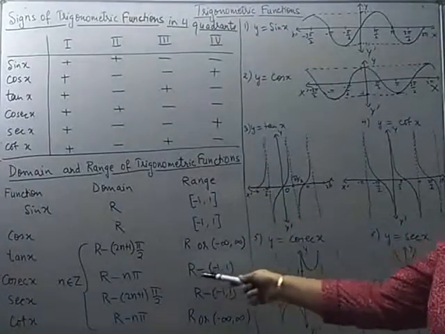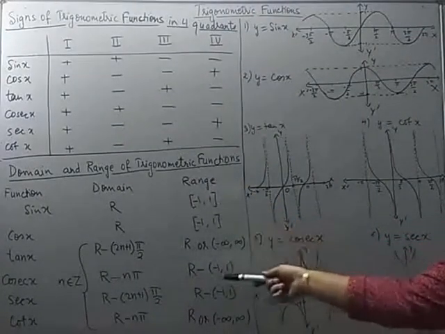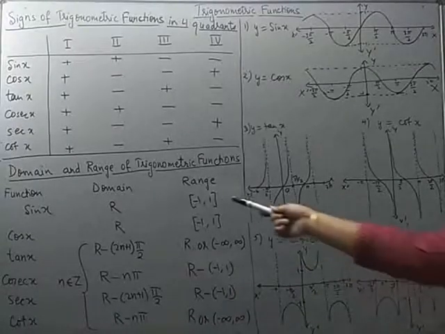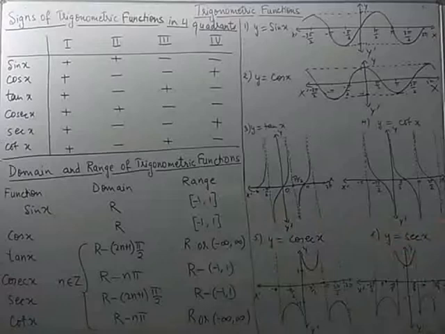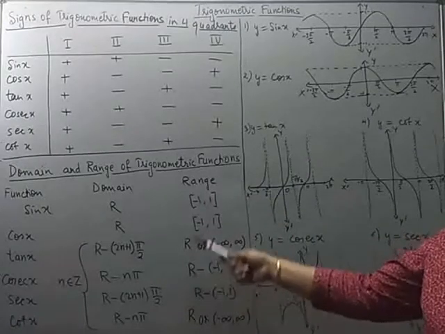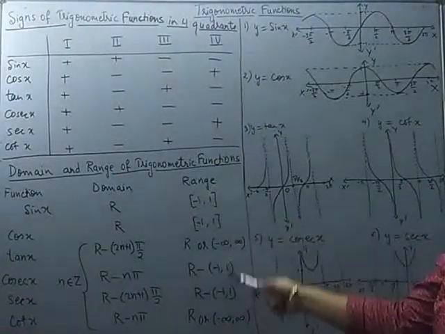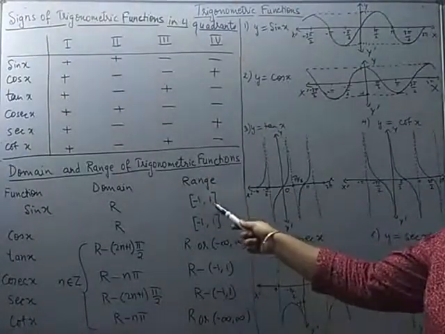So from the set of real numbers, we remove the open interval minus 1 to 1. We keep minus 1 and 1.